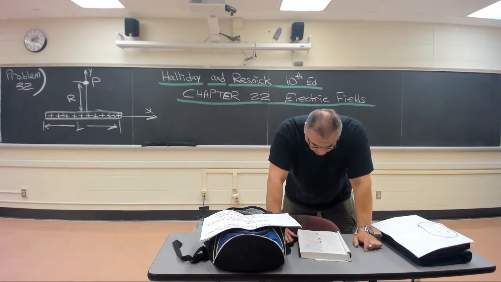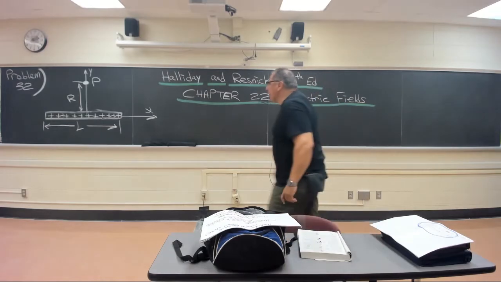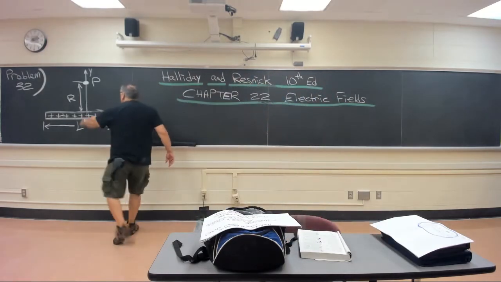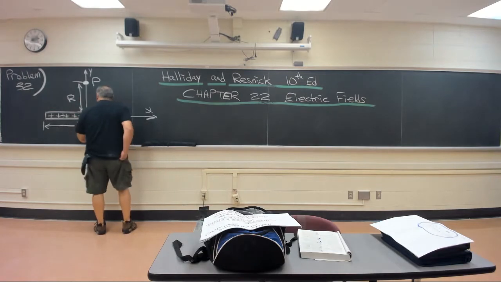A is the magnitude, and B is the direction, relative to the positive direction of the x-axis, of the electric field produced at point P, at a distance capital R equals 6 centimeters from the rod along its perpendicular bisector. So it's right down the middle. This is hitting the perpendicular bisector of capital L.